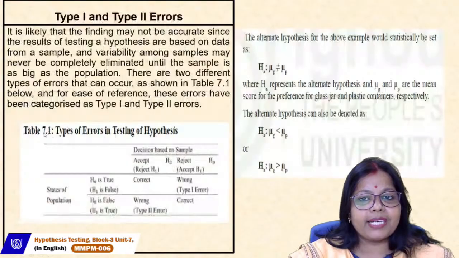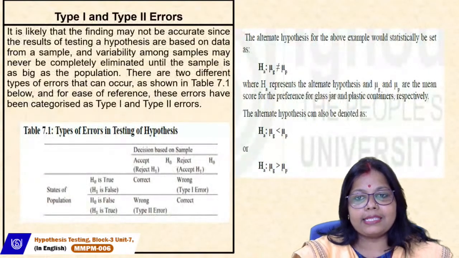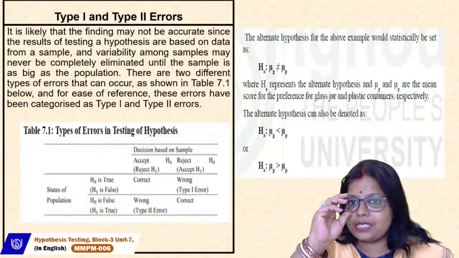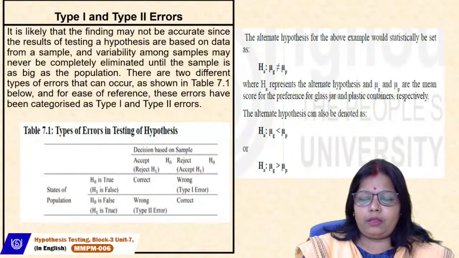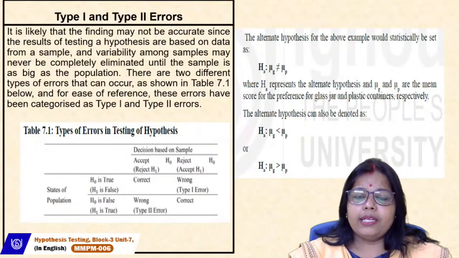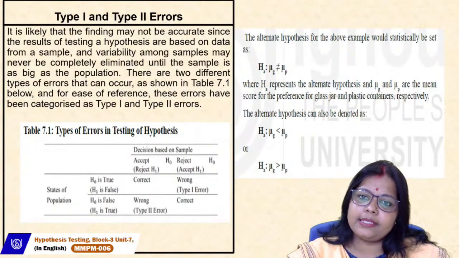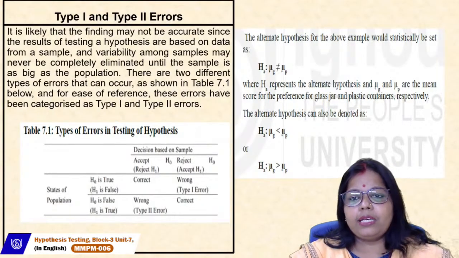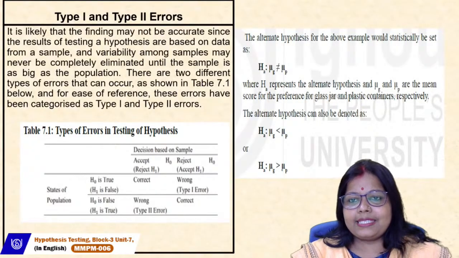But how will we write the alternative hypothesis? As I said, if the null hypothesis is saying it is equal, then the alternative will be not equal. So it is written here.